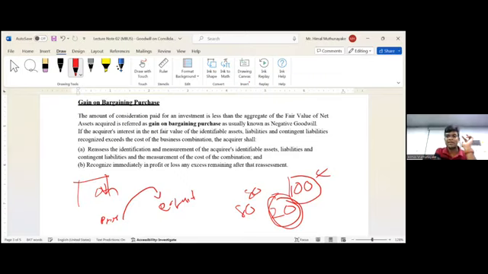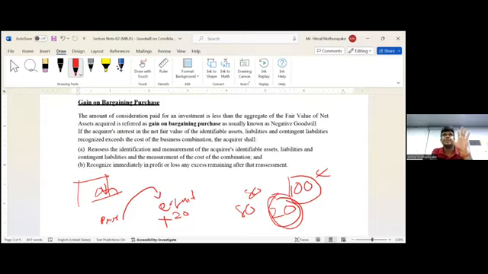Likewise, if you are preparing the financial position only, we need to add the bargain purchase value to the equity. Otherwise, if you are preparing the P&L also, then you need to mention it under other income, because it is an income to us. Clear?